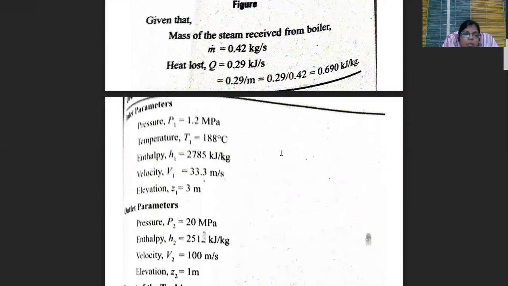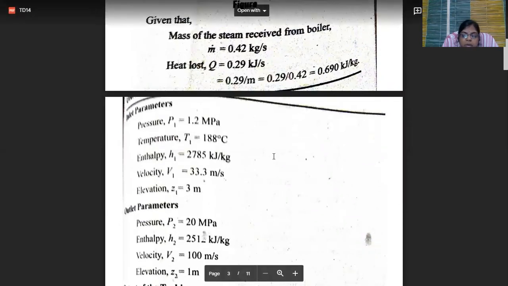Next, start with the problem. What are the turbine inlet parameters?